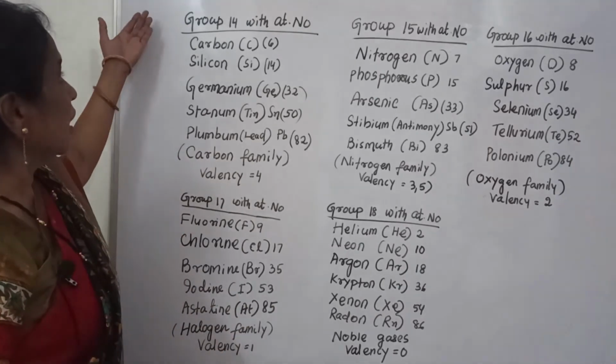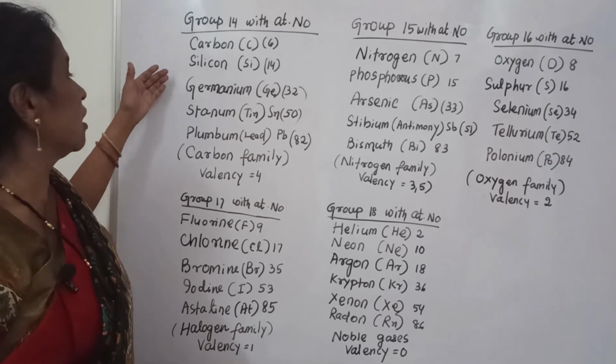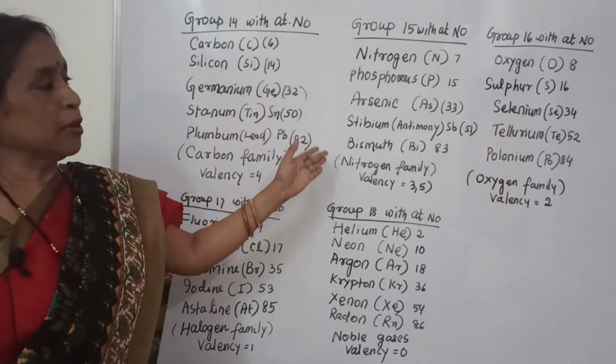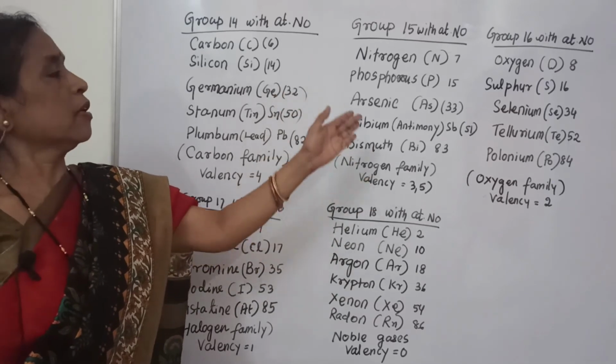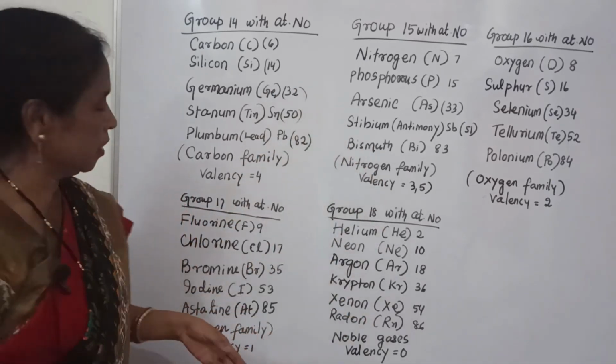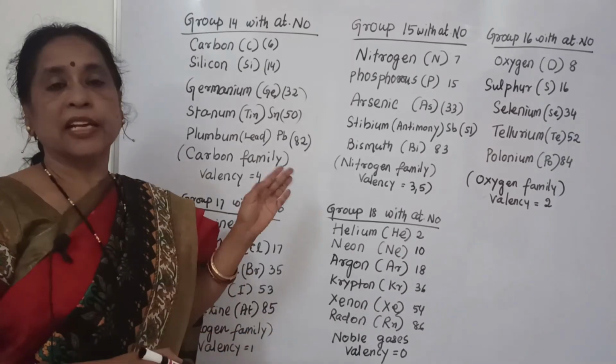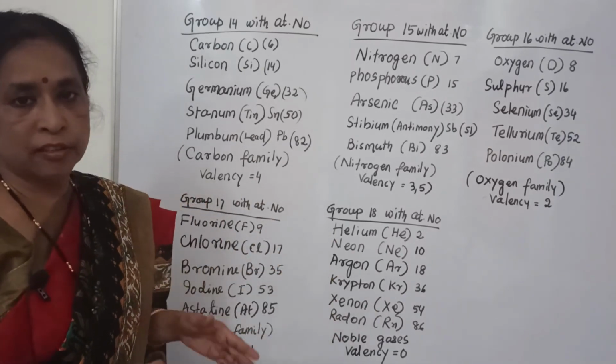Now you can remember, right, like this: carbon, silicon, germanium, tin, lead, nitrogen, phosphorus, arsenic, antimony, bismuth, oxygen, sulfur, selenium, tellurium, polonium. Then here fluorine, chlorine, bromine, iodine, astatine, and here helium, neon, argon, krypton, xenon, radon.